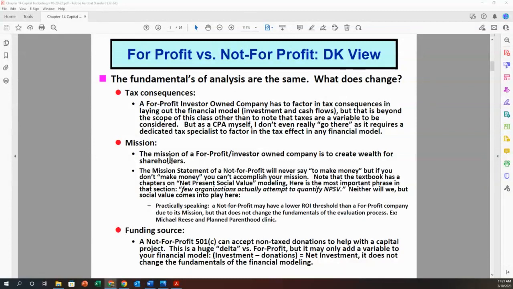I don't even do taxes myself, but recognize that if you are in a for-profit business, the tax component comes into play, whether it's through incentives, tax breaks for capital improvement.